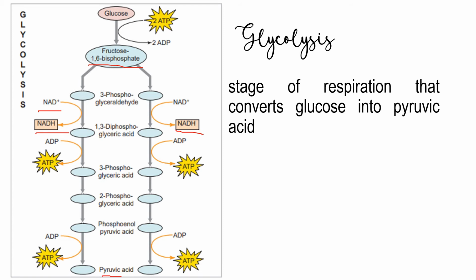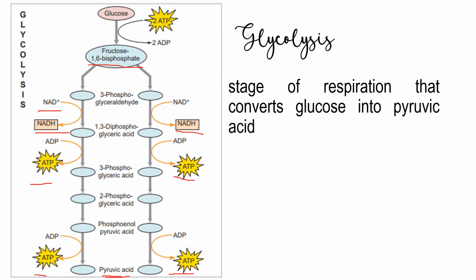as in this figure. In 2 of these steps, a molecule of ATP is produced. In other words, each 3-carbon sugar yields 2 ATP molecules, and since there are 2 3-carbon sugars, 4 ATP molecules are generated.